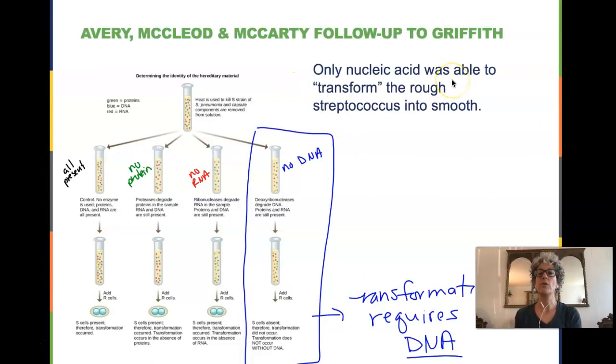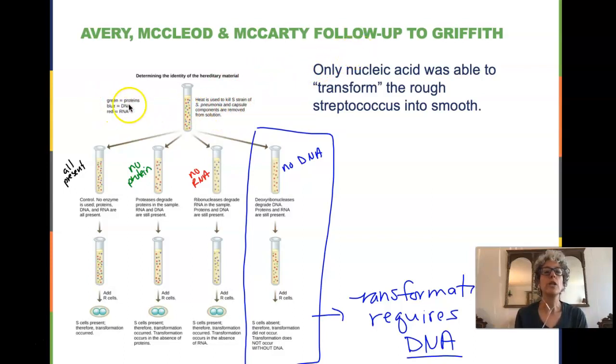The follow-up to that was, okay, some chemical in the smooth bacteria transforms the rough. What chemical is it? Well, we have a test tube where we have heat to kill the smooth strain, and then the capsule components are removed from the solution.